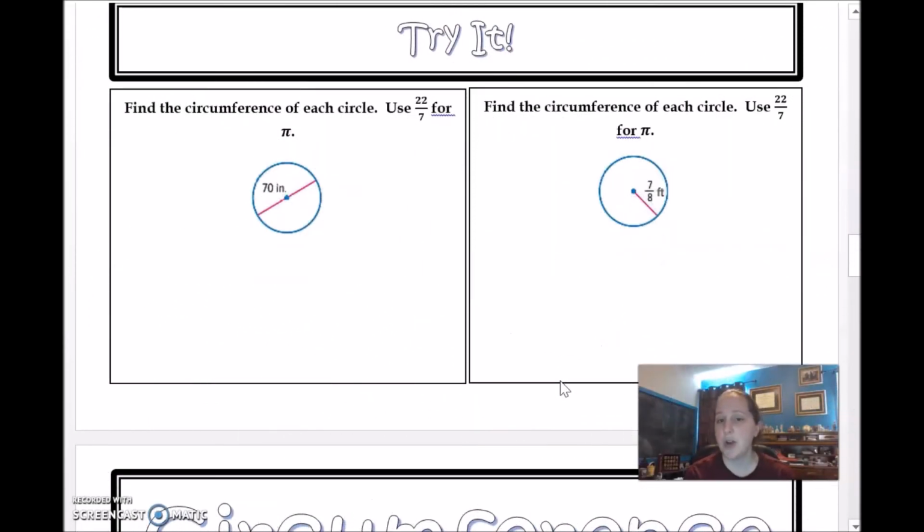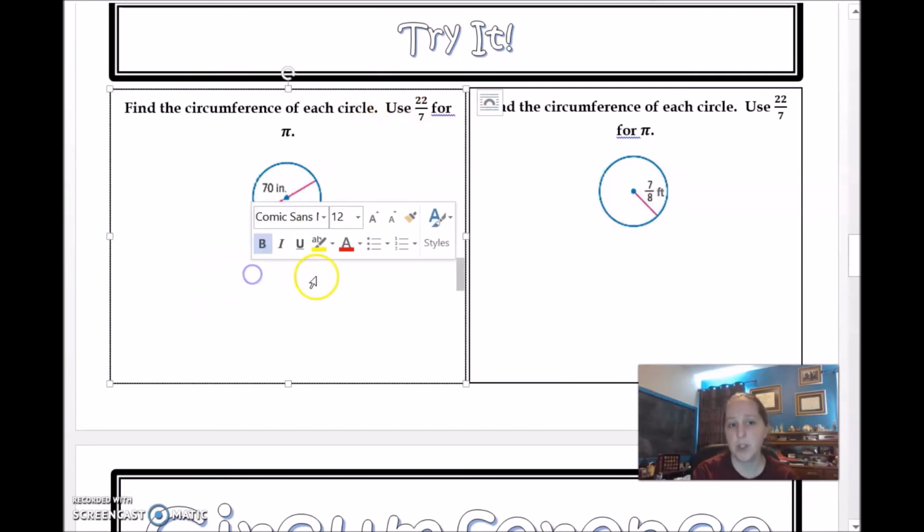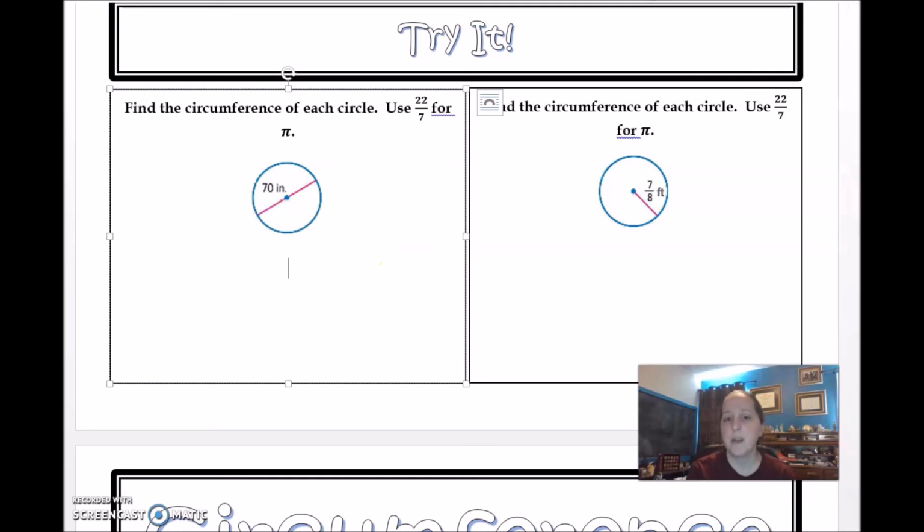All right, now that you've had a chance to try out the try problems, let's go over the answers together. The first one says, find the circumference of each circle. Use 22/7 for pi. So they told us what to use for pi. If they don't tell you, you can use 3.14. I'm finding my circumference, and we know my circumference is pi times my diameter, which they gave us, the 70 inches going across.